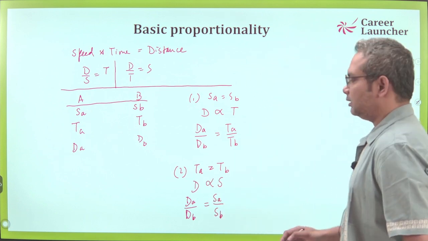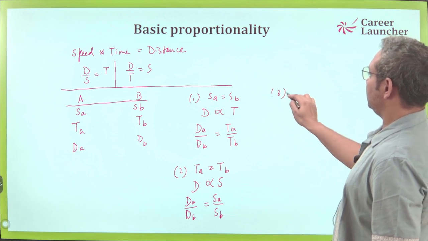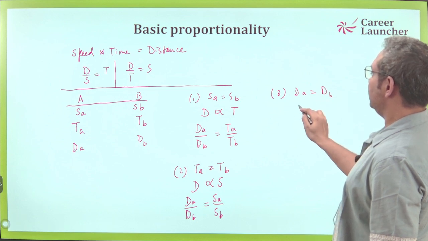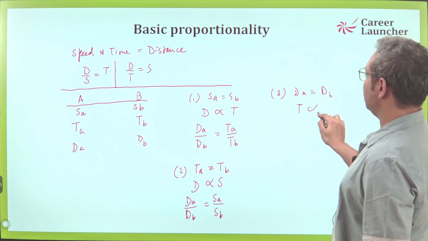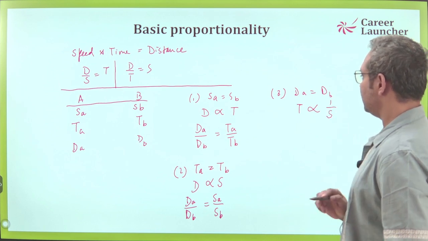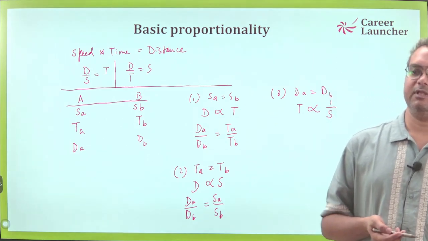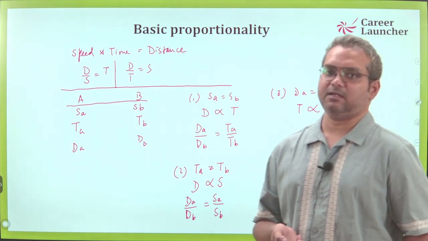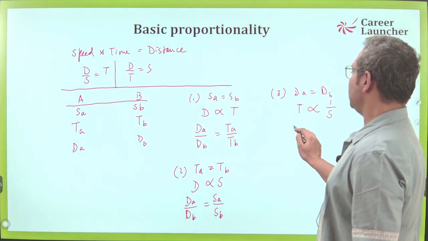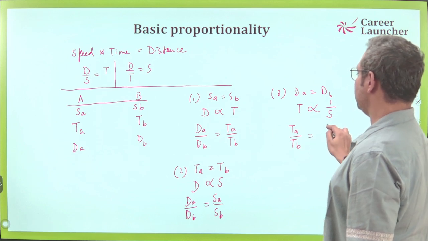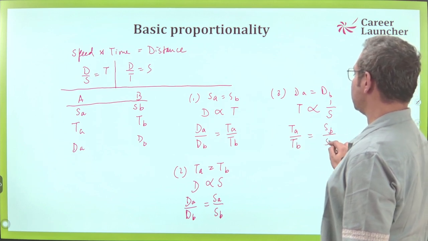The third one: if I assume that they cover equal distances, then the time taken will be inversely proportional to the speed. Right? Time is inversely proportional to the rate. If you travel with a higher rate, then you will reach faster, right? So the relation that we'll now get is ratio of the time TA by TB. Since it is inverse, it would be reciprocal of the speed ratio, so SB by SA.